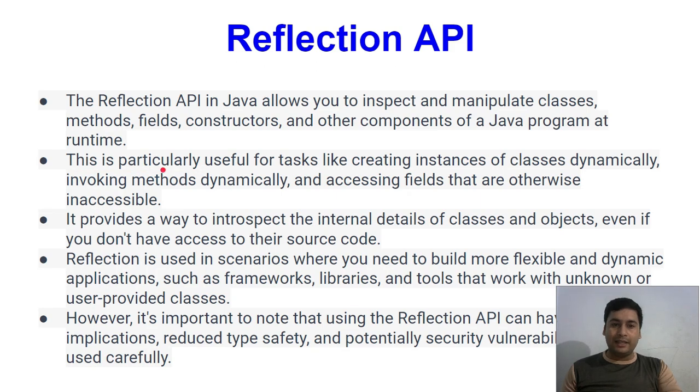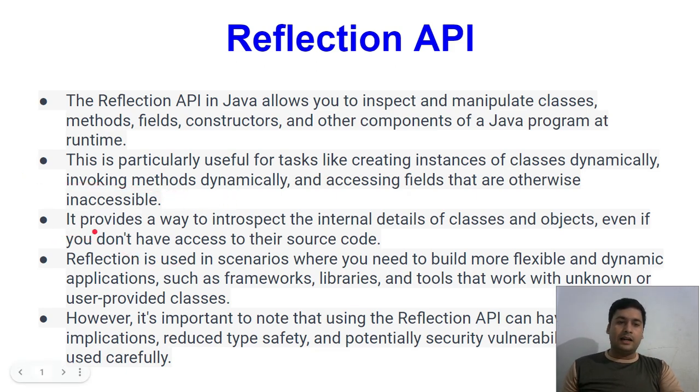This is particularly useful for tasks like creating an instance of a class, dynamically invoking a method, and accessing fields that are otherwise inaccessible. Whatever we are going to do happens at runtime. At runtime we can modify the class name, method name, constructor, we can create a class, we can read the fields, we can read the constructor, each and everything.